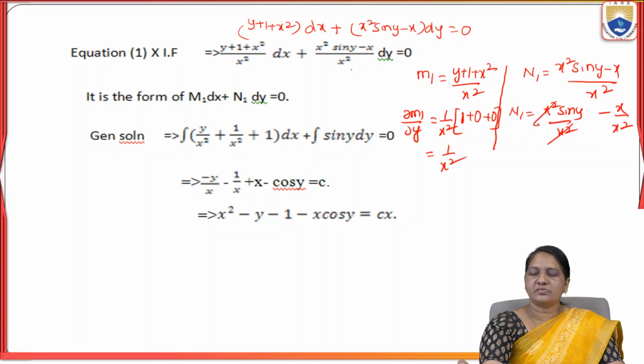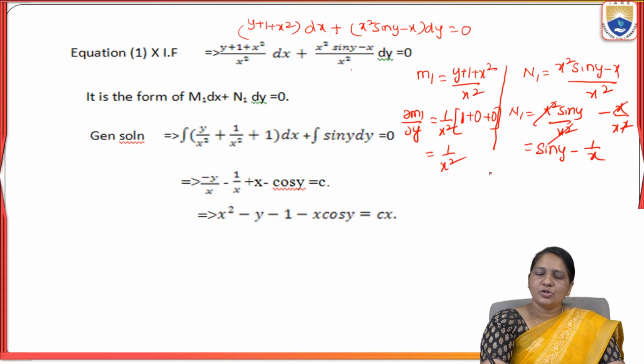So x square will be cancelled, x will be cancelled. This is sin y minus 1 by x. So now we are going to calculate dou N1 by dou x. So what is it here? Sin y is the constant, so 0 minus, here 1 by x is minus 1 by x square. Finally this is 1 by x square.